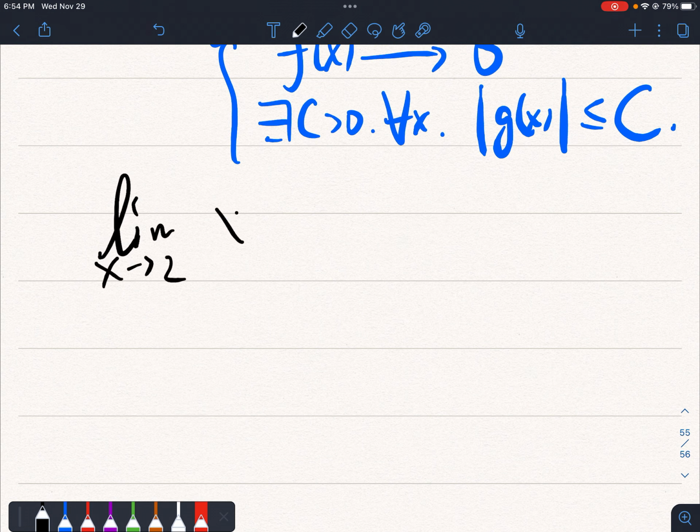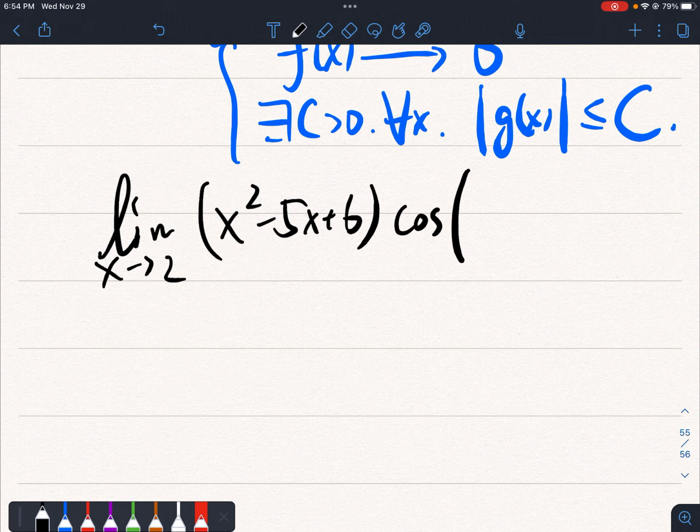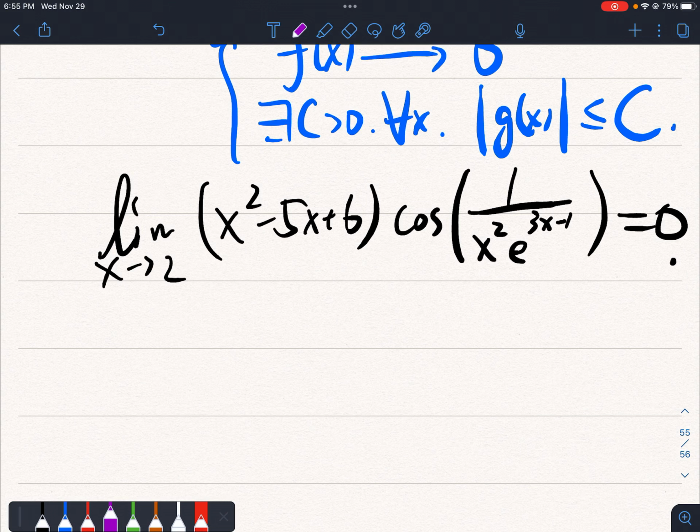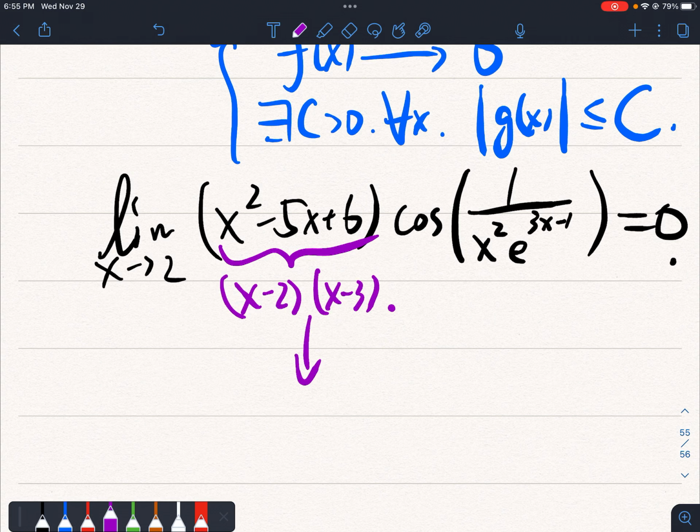So let me give you maybe a more complicated example. When x approaches 2, let's say, then the limit of x squared minus 5x plus 6 times cos of 1 over (x squared e to the 3x minus 1) is equal to 0. Why is this true? Well, this is because x squared minus 5x plus 6 is equal to x minus 2 times x minus 3.